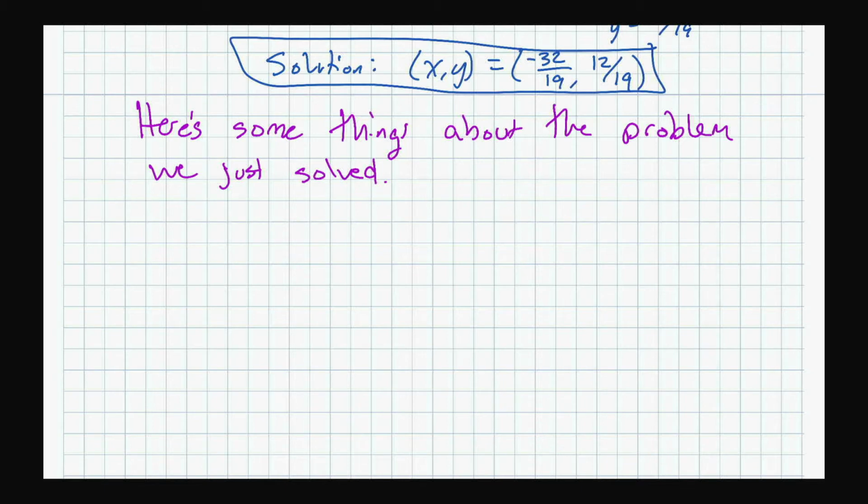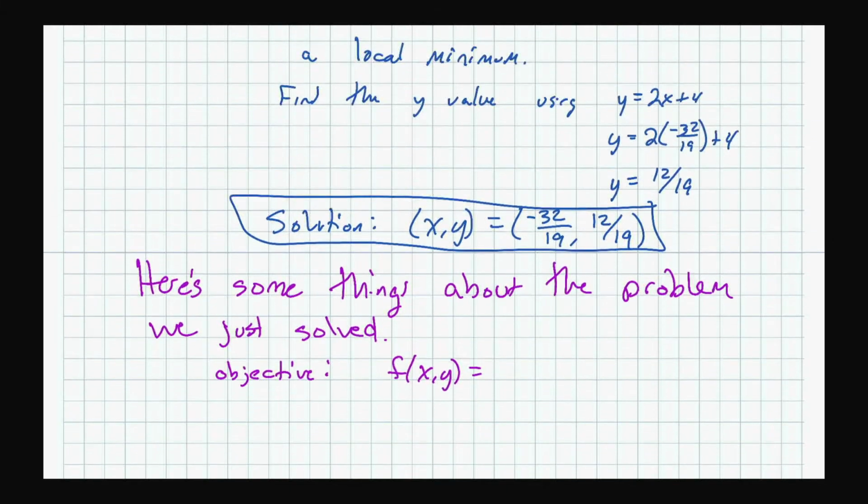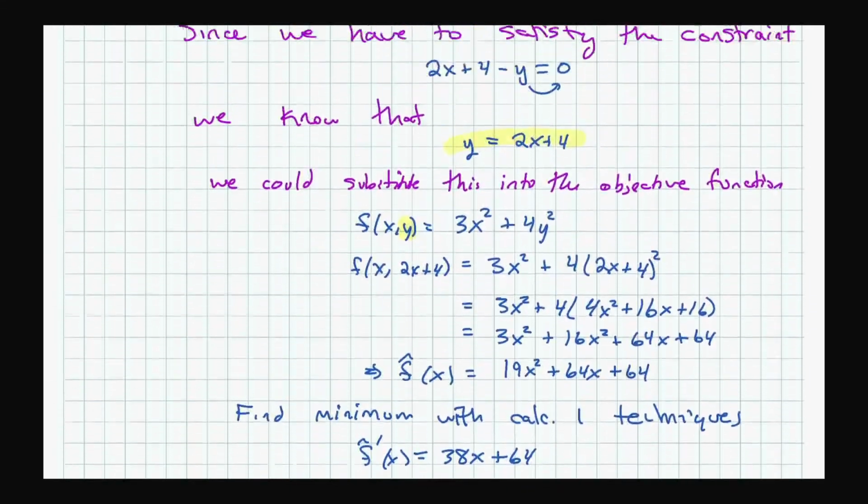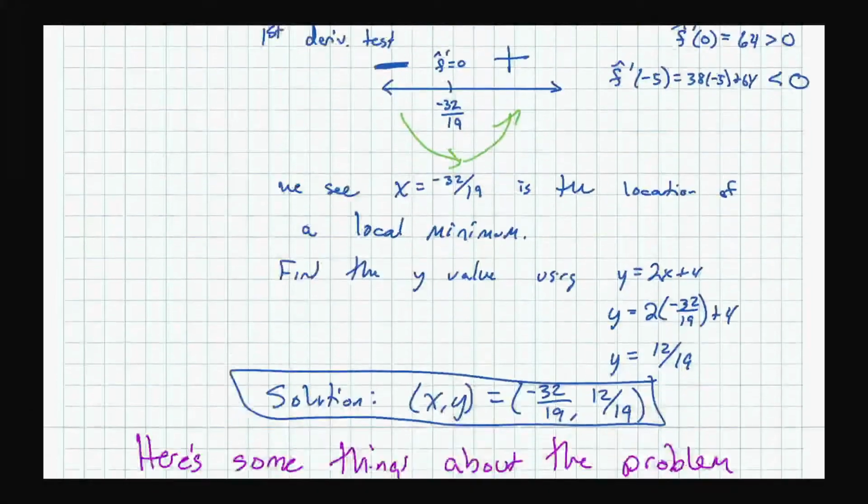Okay, so the objective function was this, right? The objective was f of x comma y equals, what was it? 3x squared plus 4y squared, I think. 3x squared plus 4y squared.